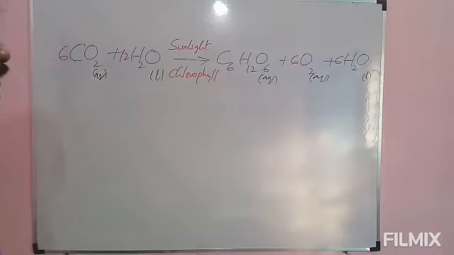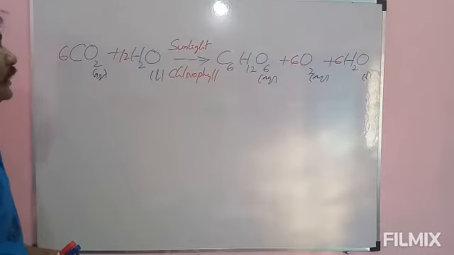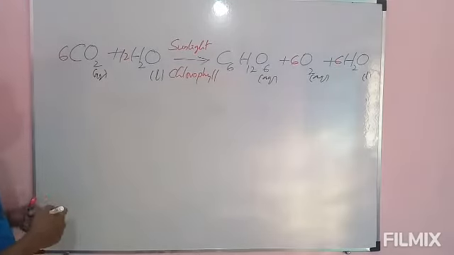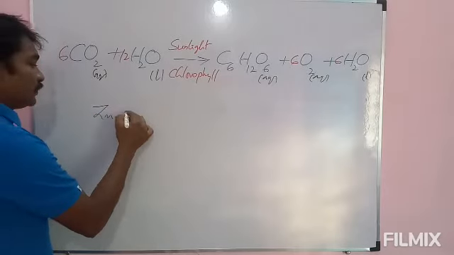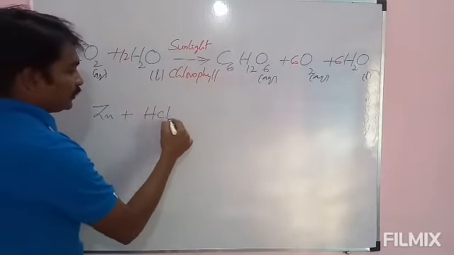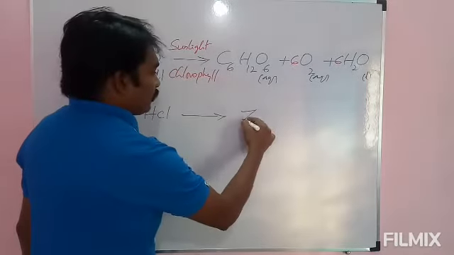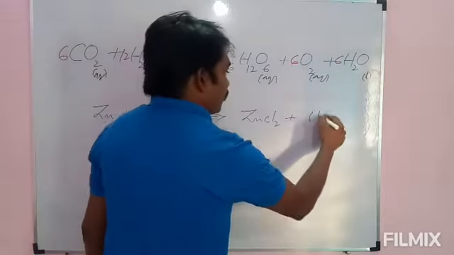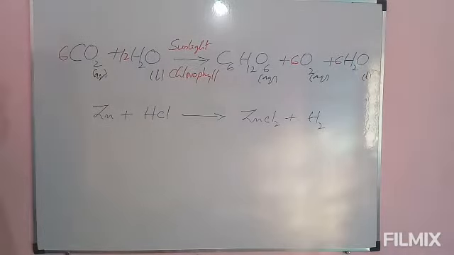And see here, I will write a few more examples. Please note down this one. We will continue with a few more examples. See here, zinc granules react with dilute hydrochloric acid and form zinc chloride, ZnCl2, plus hydrogen gas is evolved in this reaction.